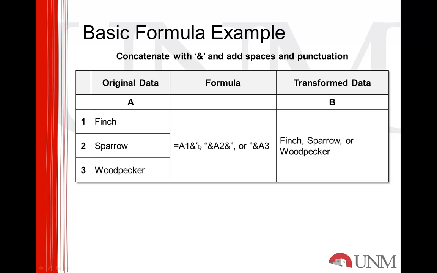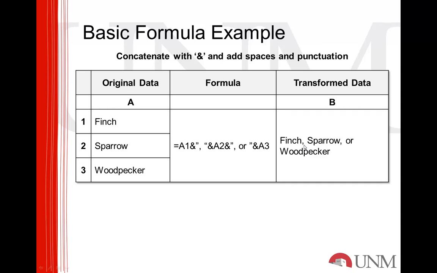In the data string here, we've got two quotes, a comma, and a space. The quotes say to print the comma and the space literally. Then we'll use another ampersand and connect finch and sparrow together with the comma and space in between.